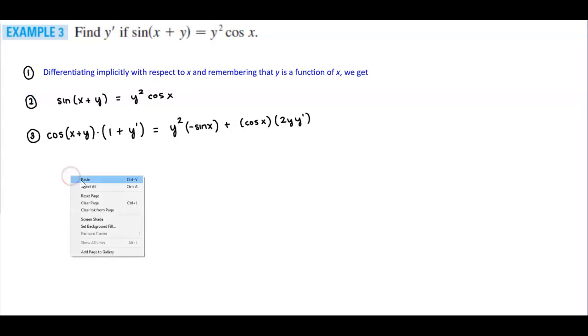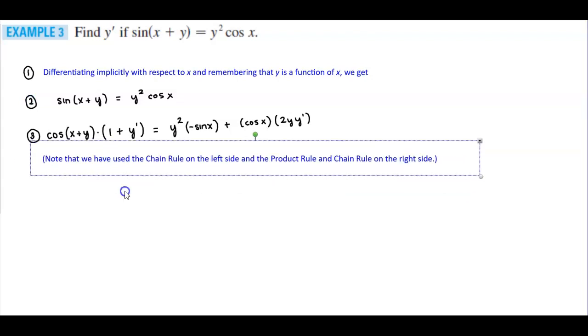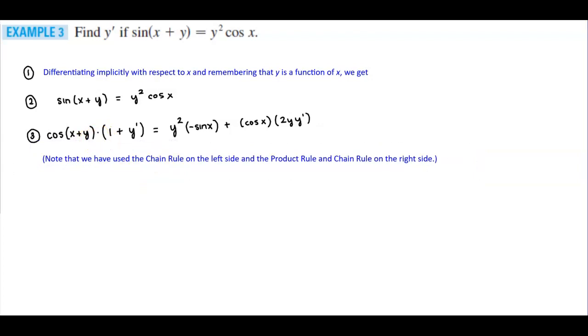Now again, let's make note here that we have used the chain rule on the left side and the product rule and chain rule on the right side. Okay, now we want to collect all the terms that contain y prime on one side of the equation. So when we do that, we're going to multiply the cosine of x plus y, distributing it to those terms.